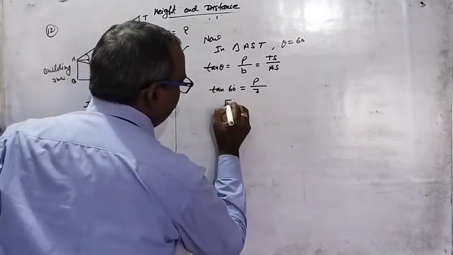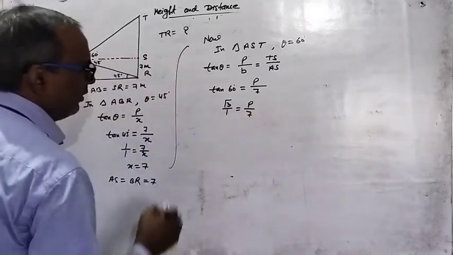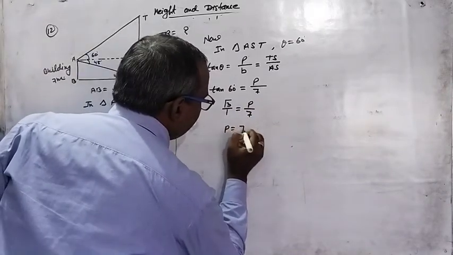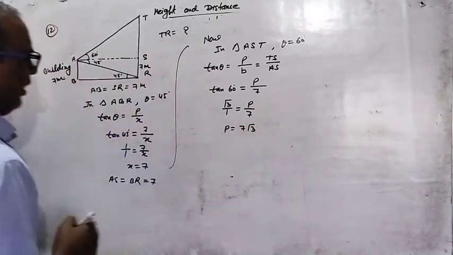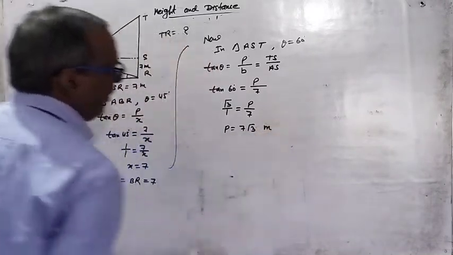Tan 60 equal to root 3 by 1 equal to P by 7. So P equals 7 root 3 meter.